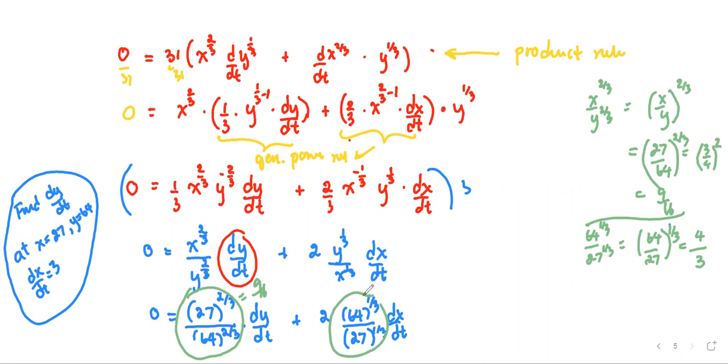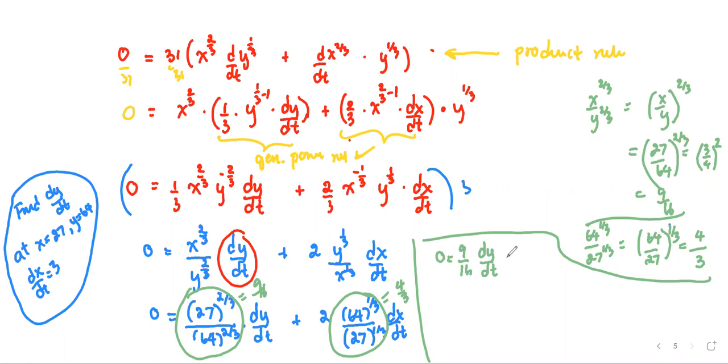So this expression will give me 4 over 3. Now, I have the cleaner version, as 0 equals 9 over 16 times dy by dt plus 2 times 4 over 3. And the dx dt is given to be the value 3.